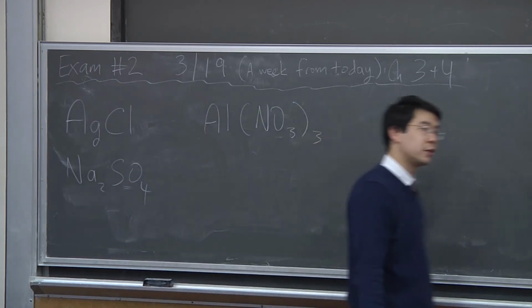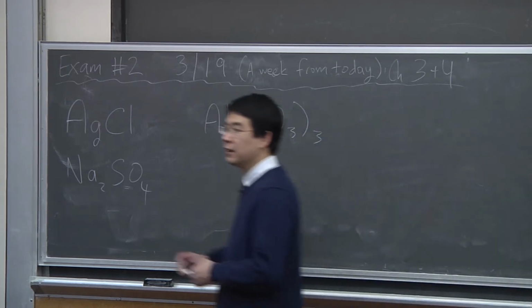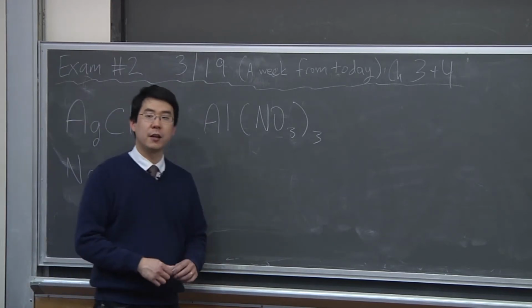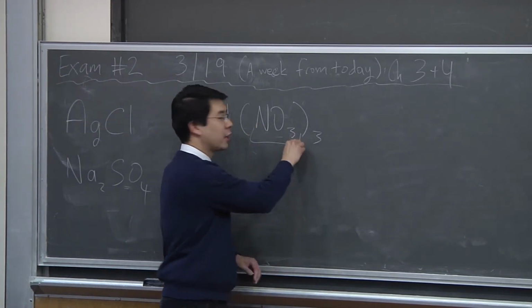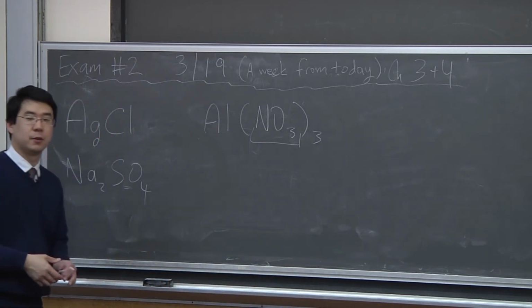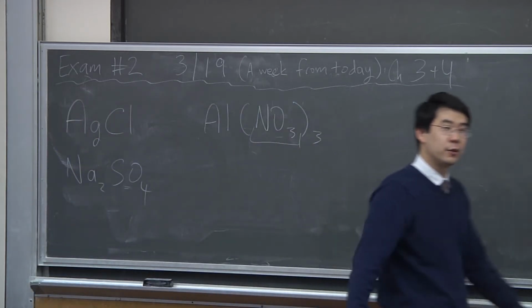Aluminum nitrate, soluble or insoluble? Who thinks it's soluble? Who thinks it's insoluble? Okay, so that's like 2 to 2 in a class of about 55. What's the key ion here? Nitrate. Nitrates are always soluble, right? Just like sodium and potassium and the group 1 elements are always soluble.